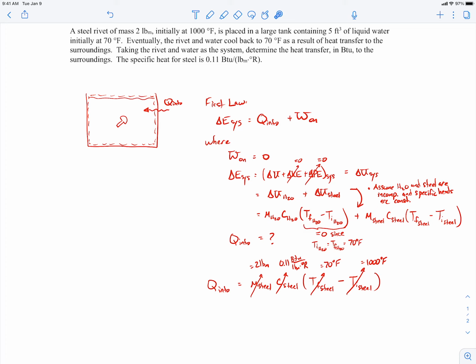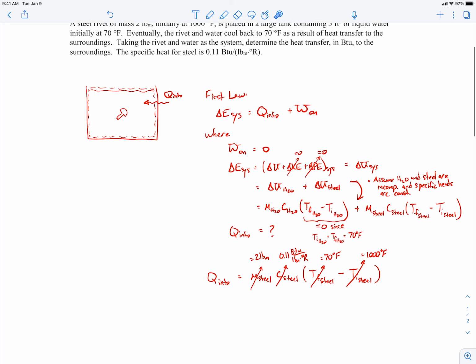If you're not really certain about that, you feel a little uncomfortable, it's totally fine to change this to degrees Rankine and then do it that way. That's perfectly fine. But what you'll find is that if you add in a constant here and then add in the constant here, the two constants will subtract out, so it really doesn't matter.